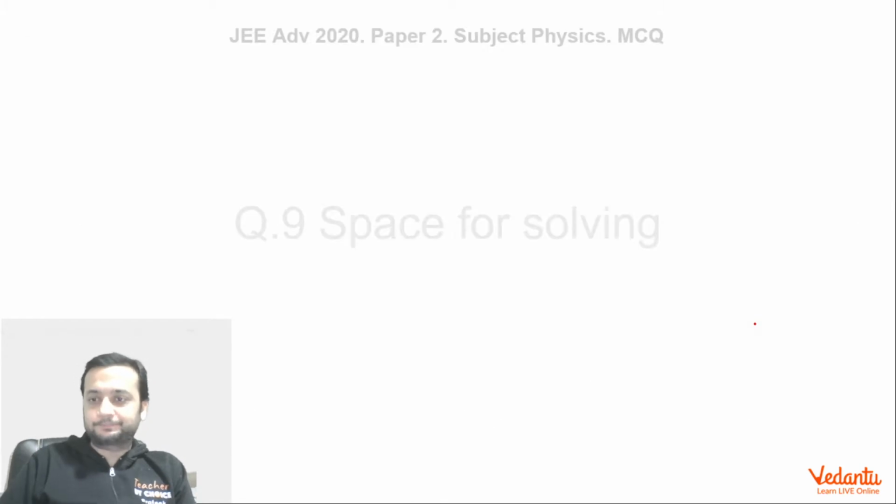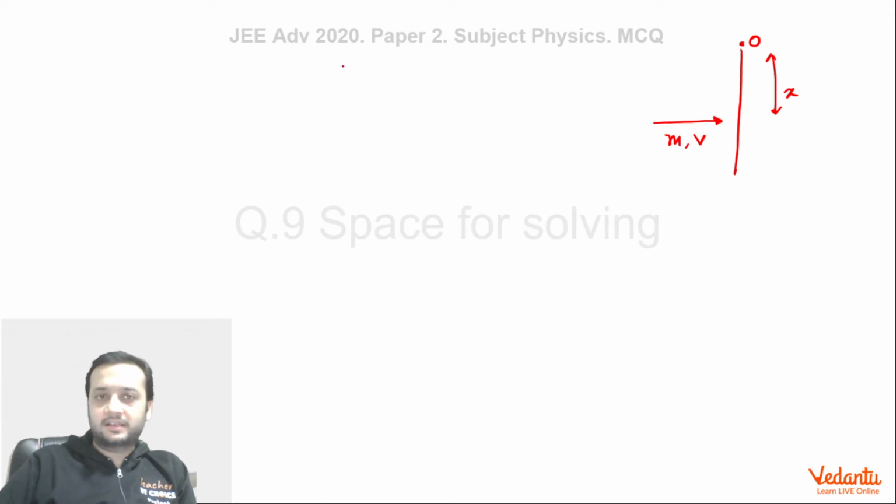So let's see. Suppose this is a rod and this is hinged at its top point O. So the particle strikes the rod at a distance of x below the top point with velocity v. So we can conserve the angular momentum about the top point. So this will give us mvx, which was the initial angular momentum of the particle about point O. Rod did not have any angular momentum.